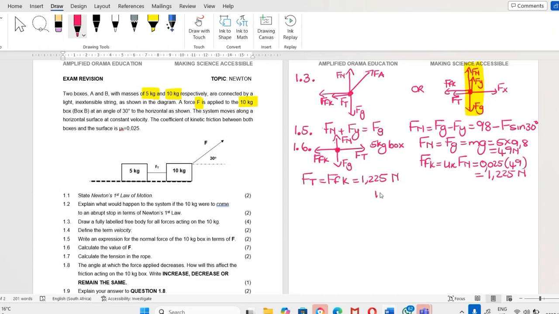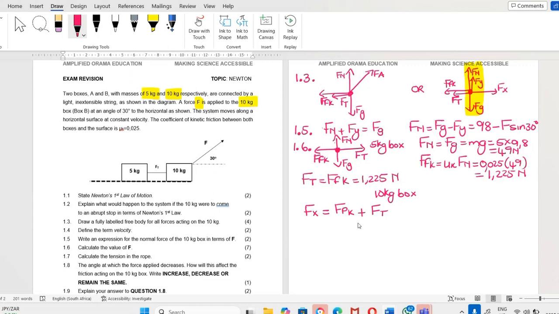So if we just focus our attention now on the 10 kg box, I keep on saying block, it's a box as per the question. So the Fx that is exerted on the 10 kg should be equal to the Ffk plus the Ft.